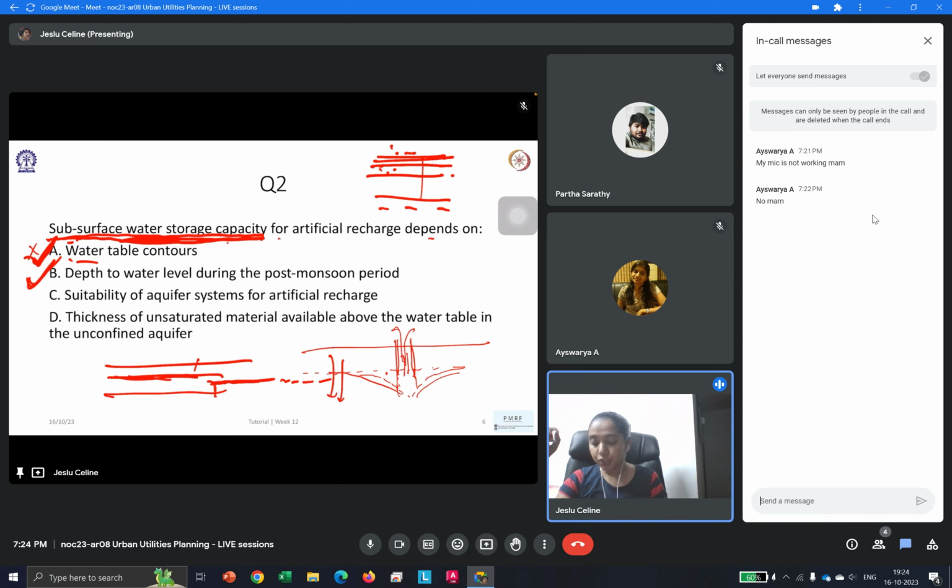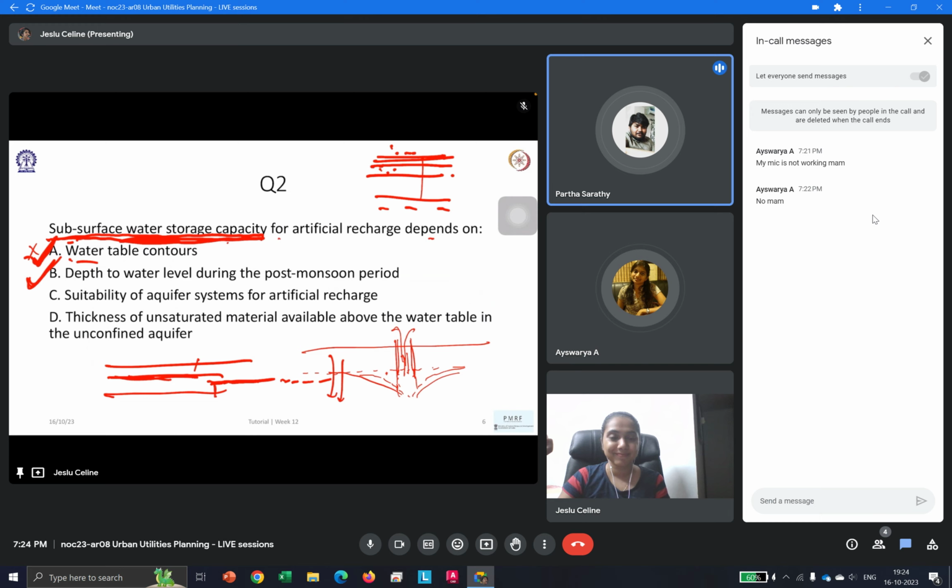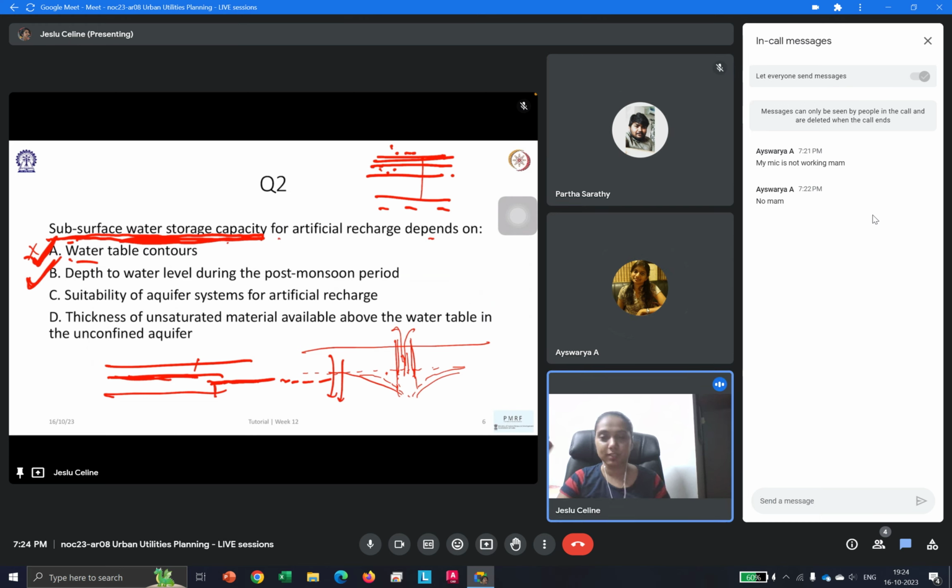Now C, suitability of aquifer systems for artificial recharge. Does that depend? I don't think it will. You don't think it will. Why do you feel it will not?